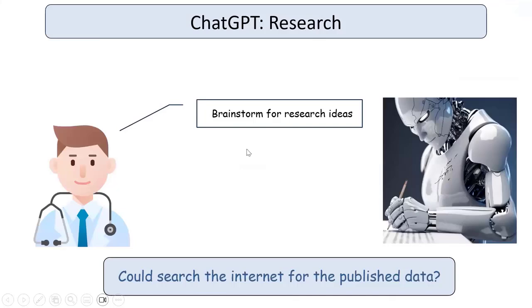But very important: when ChatGPT suggests some research ideas, I need to search about the idea. So can ChatGPT search the internet for published data or not?